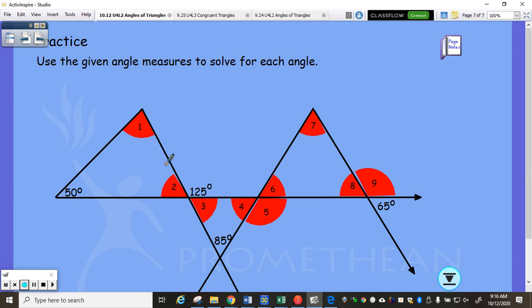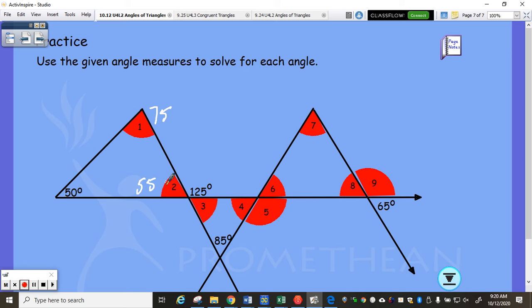Find all 9 angles. Okay? So this is going to be 75. Now the other way to do that would have been to say, well, this is a linear pair. So 180 minus 125 would have given you this angle. What is this angle right here going to be? 55.